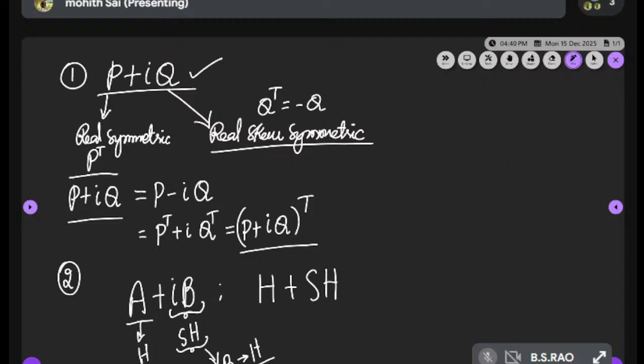Any square matrix which can be expressed as A plus iB, then A is Hermitian, B is also Hermitian.